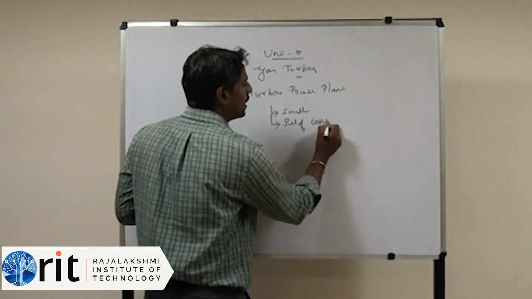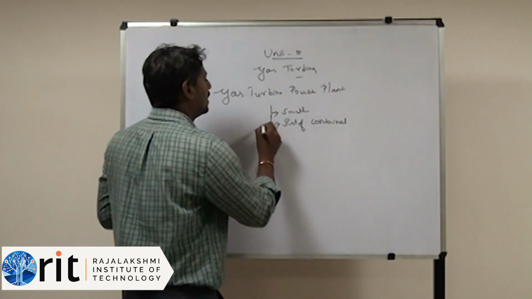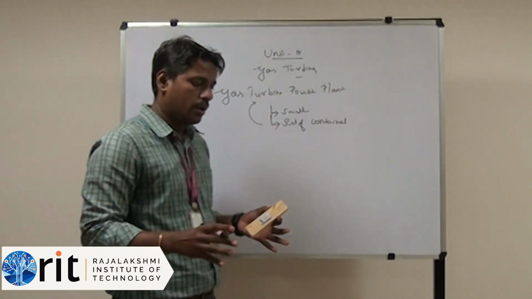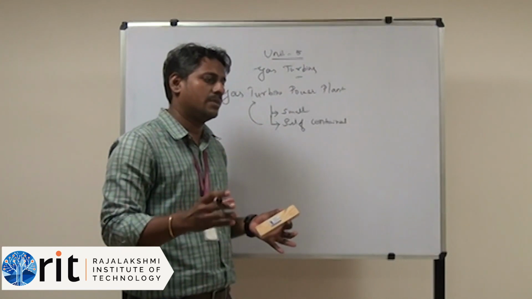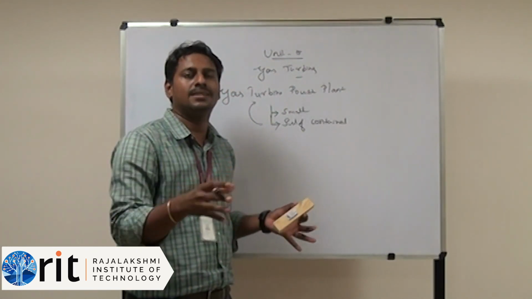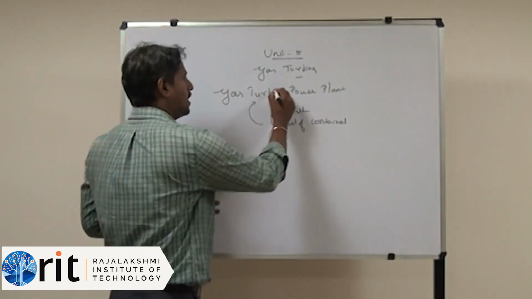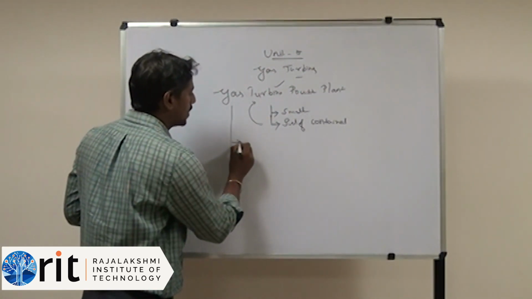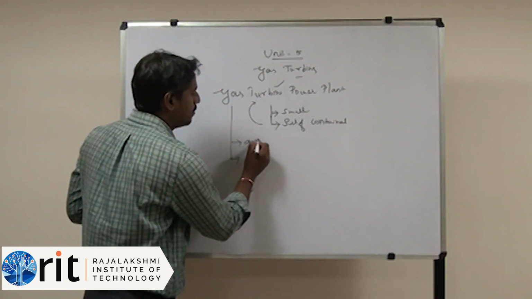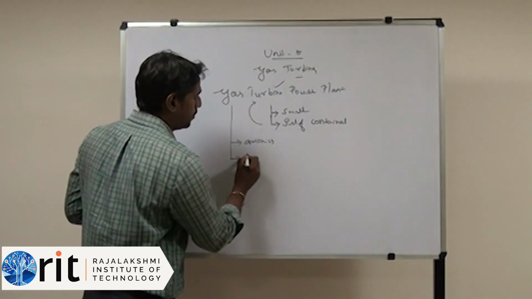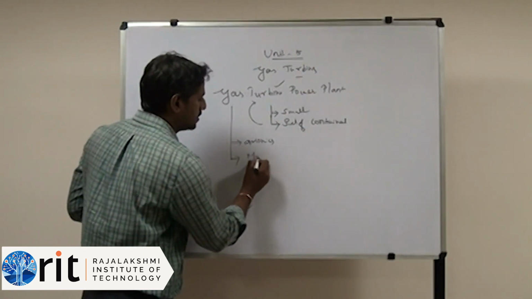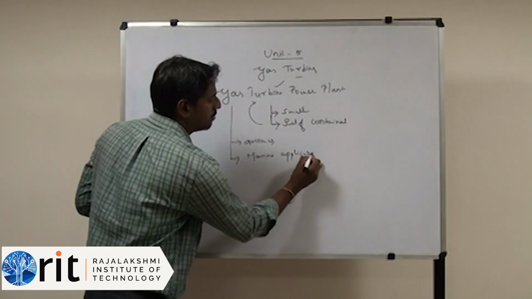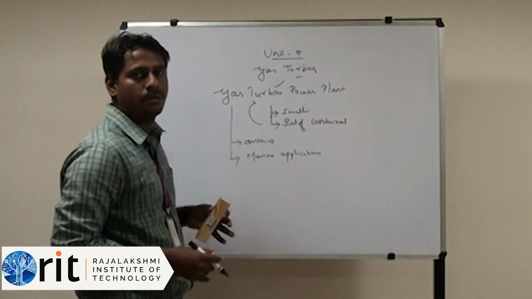So where there is a space limitation, we can go for gas turbine power plants. Some of the applications where we use gas turbine power plants are avionics, propulsion and marine applications.